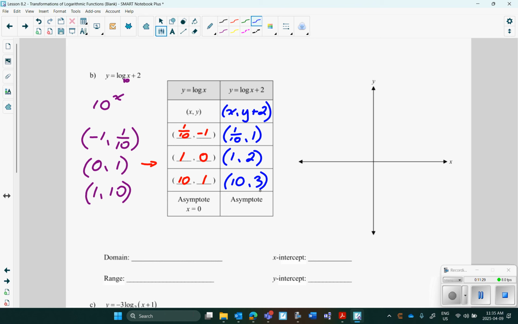So let's see, we've got to go 1, 2, 3, 4, 5, 6, 7, 8, 9. I've got to go at least 10 out there. Got to go 1 down here, 1 up here. So 1/10 comma -1, that is really close to the y-axis at -1 for y.